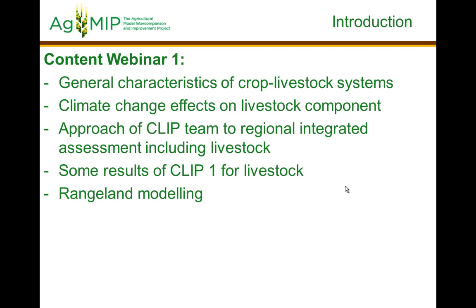And in those sessions, we'll go into a lot more detail on the livestock modeling, and we'll come with software and with exercises that will help you perform these analyses. And then we'll also include some livestock issues in the AgMIP protocols.